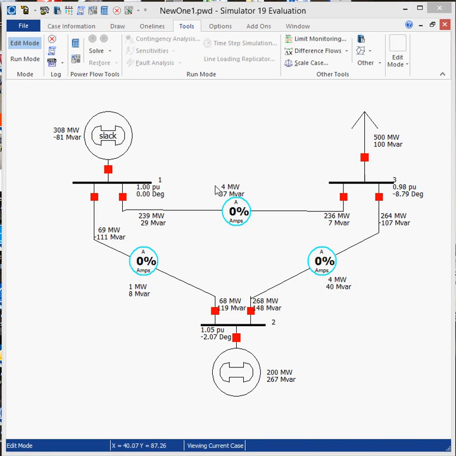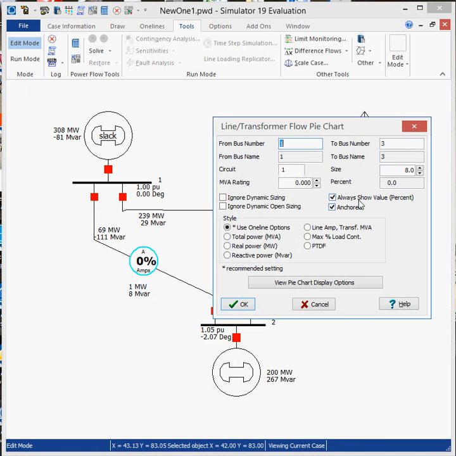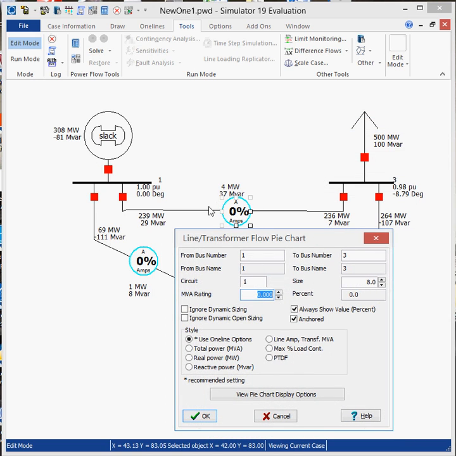You can also display the rating of your transmission line by double clicking on this. Make sure that you have always show value in percentage, and then you can put in your rating of the transmission line. Let's say I would like to put 250.